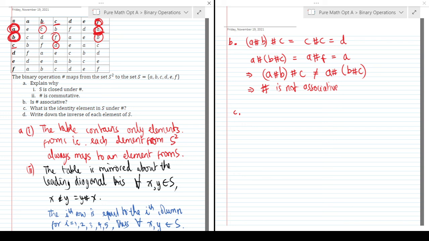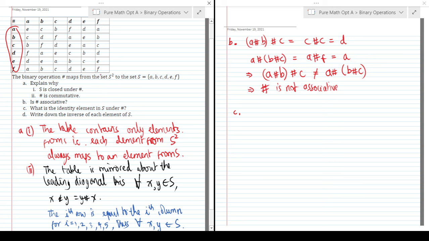We know all of the elements: A, B, C, D, E, F. So basically, I have to do something set-wide. I'm going to circle the entire set here, A, B, C, D, E, F, and I just go down my table and look to see where I literally have A, B, C, D, E, F in that order.